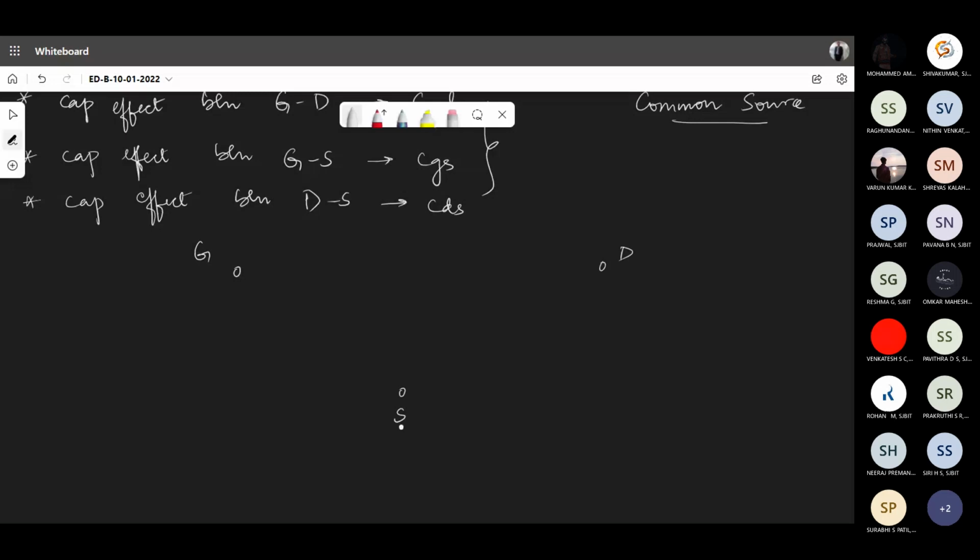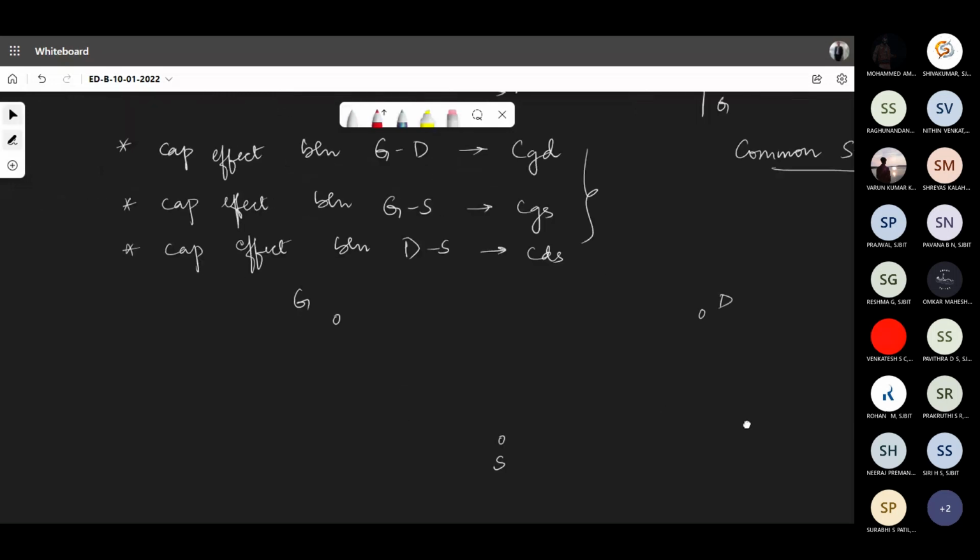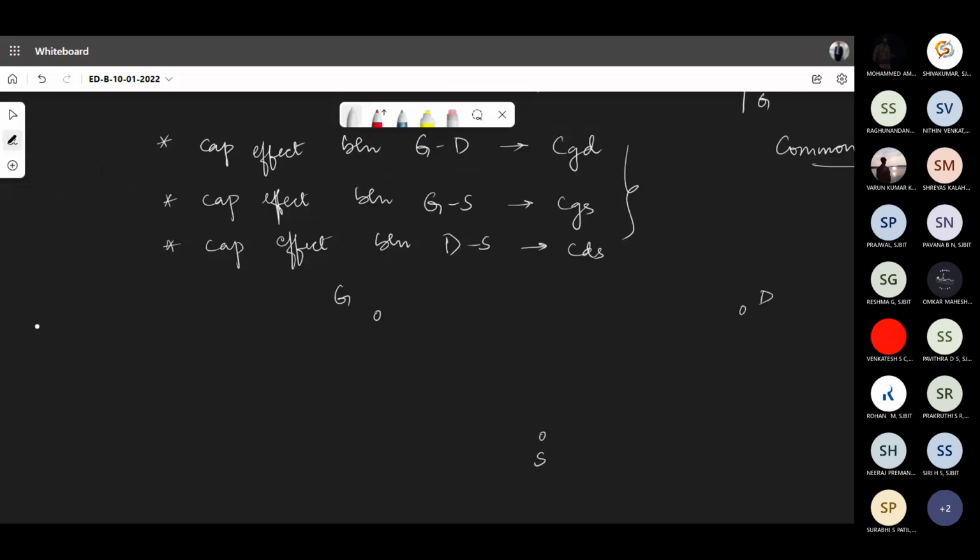So we are trying to use these three capacitors and represent a JFET as a two-port network. Whenever you write any device as a two-port network by using components like resistors, capacitors, supplies and so on, we say it is an equivalent circuit. This was told when we discussed the diode.